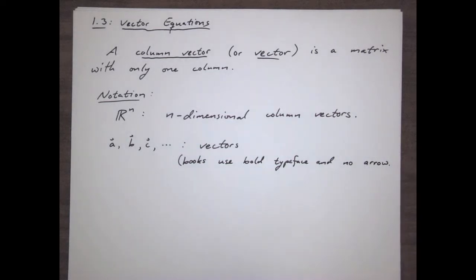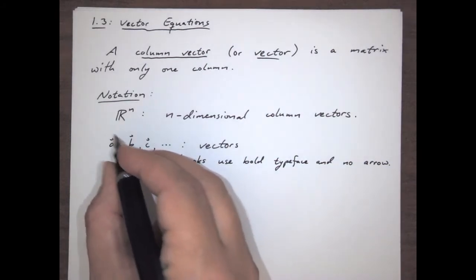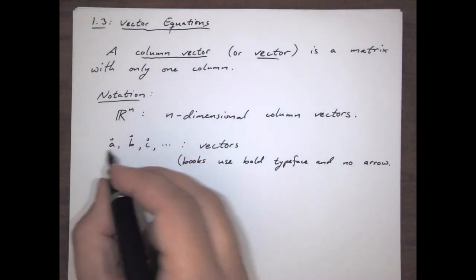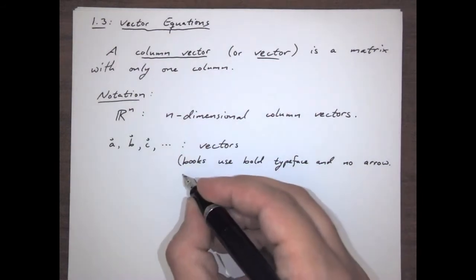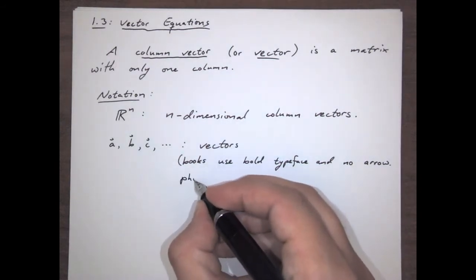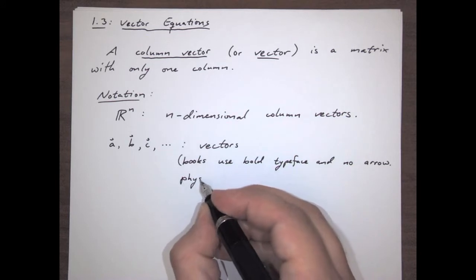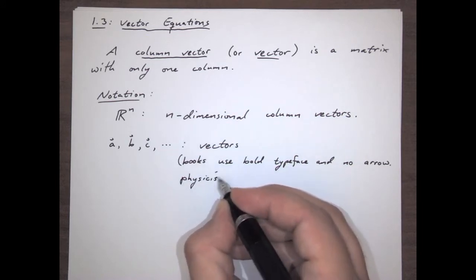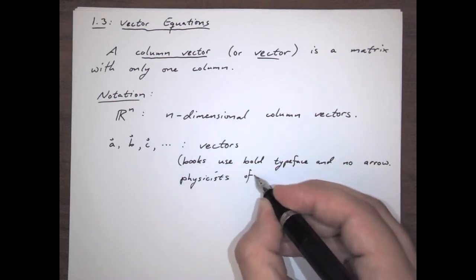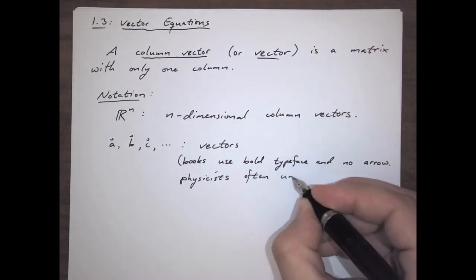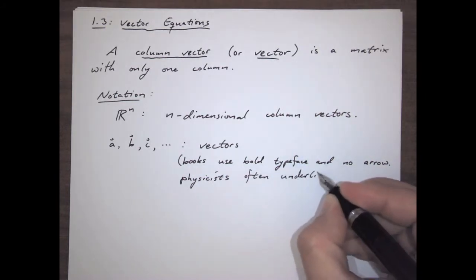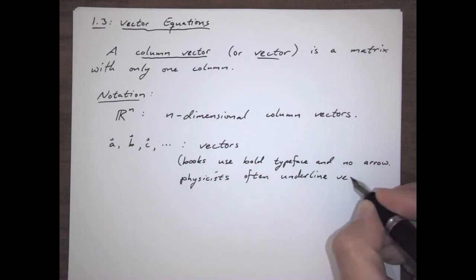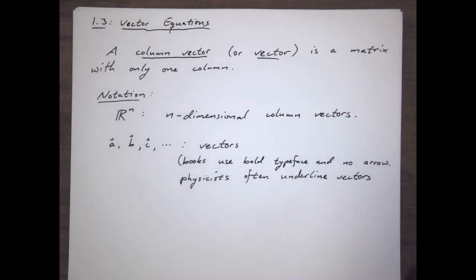Also, you should know that in physics, it's also very common to indicate these by underlining rather than a mark above. So rather than a macron above it, they mark it with an underlining. So physicists often underline vectors.